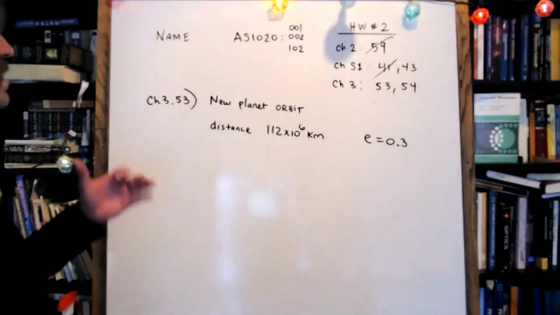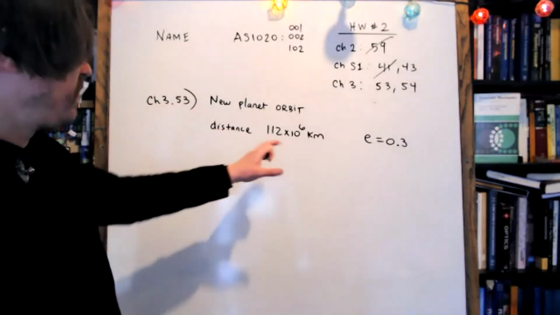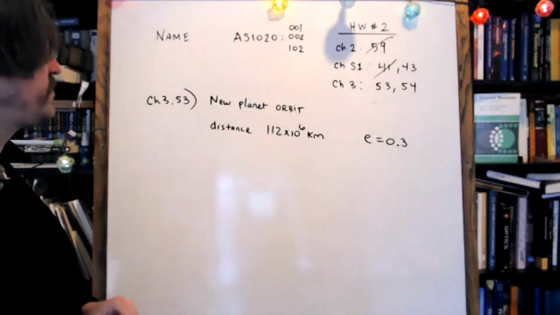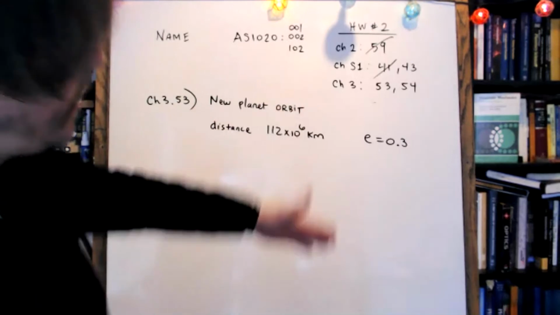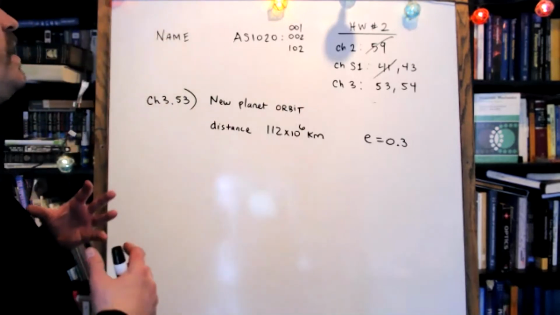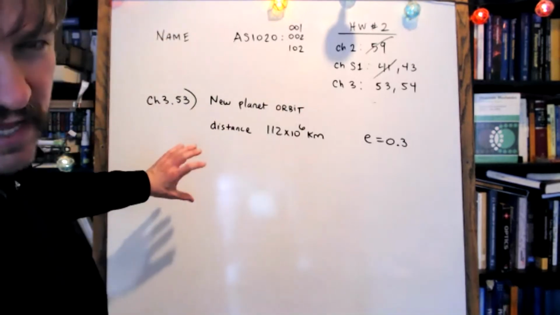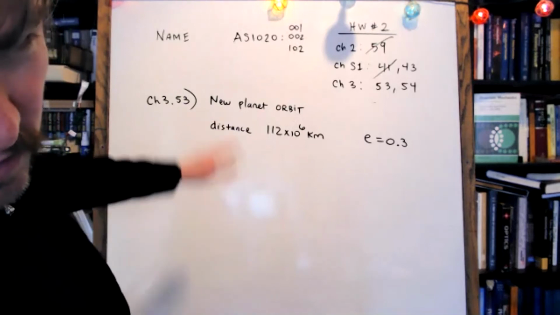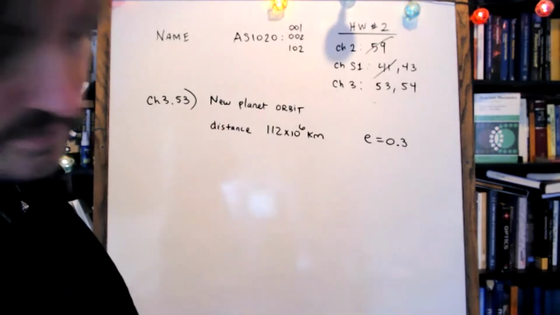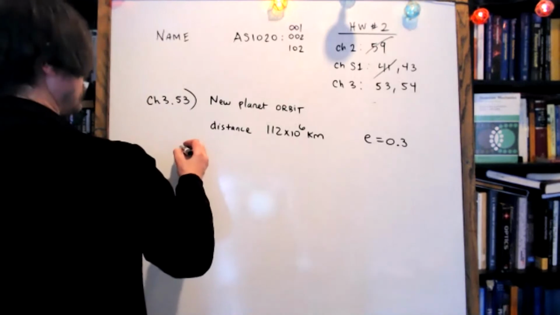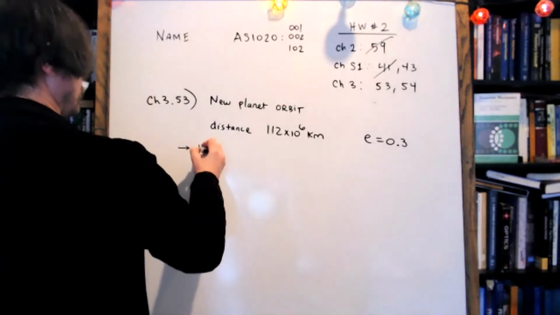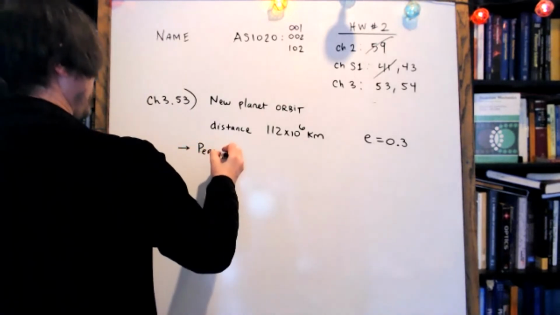Okay. The planet has an orbit with a distance of 112 million kilometers, an eccentricity of 0.3. Now, did they do part A and B, or did they just ask all those questions in there? It's all of it in one. Okay.